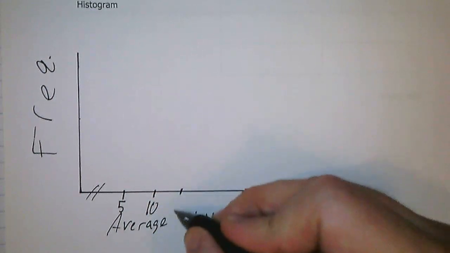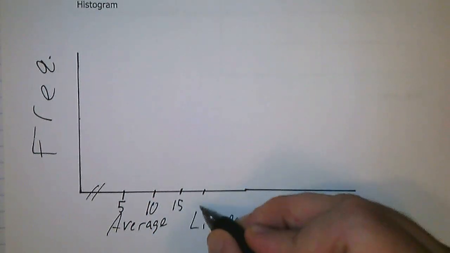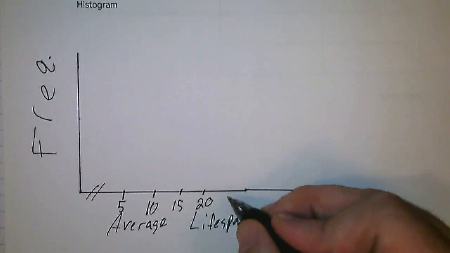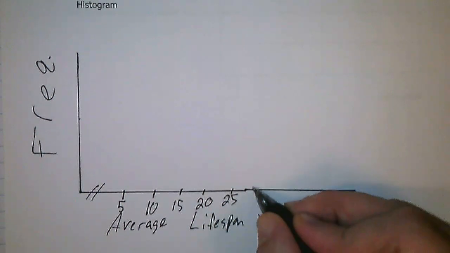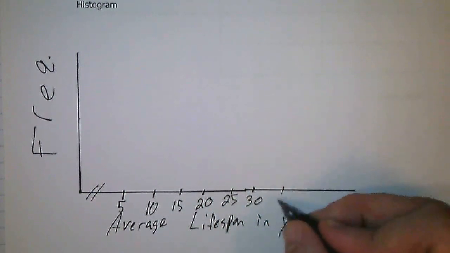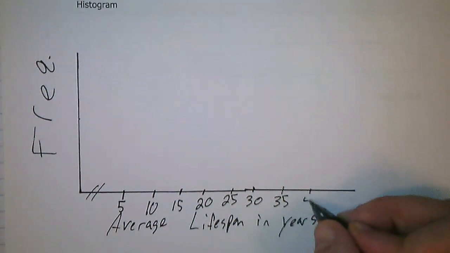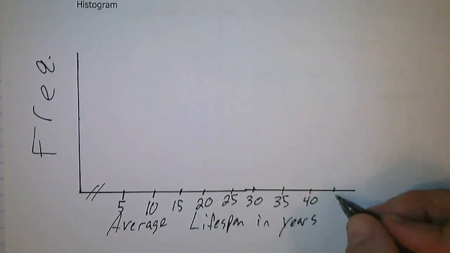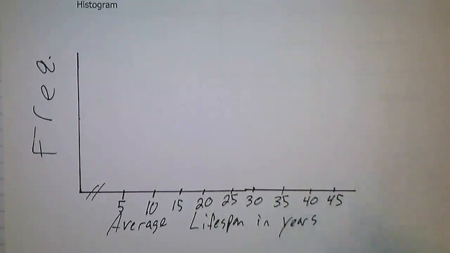So 5 to 10, to 15, to 20, to 25, 30. Keep going. And we will stop at 45.